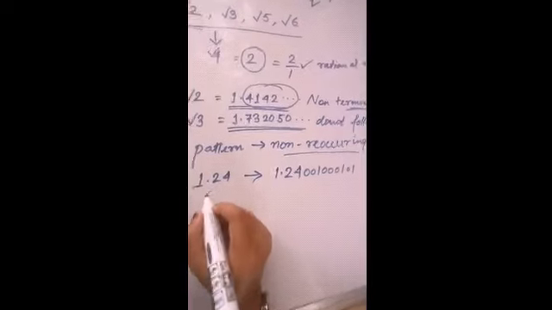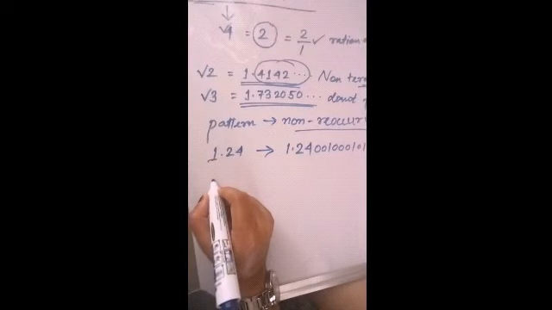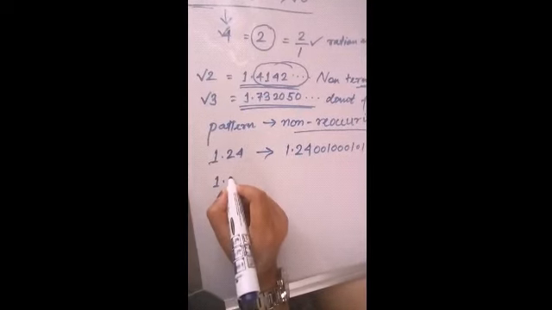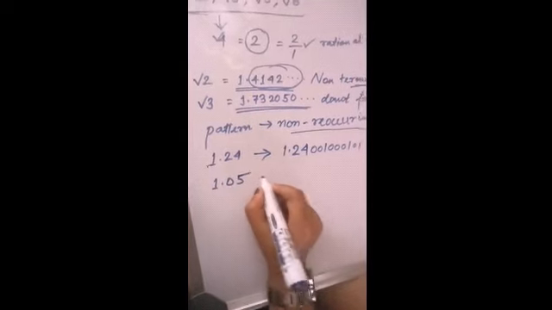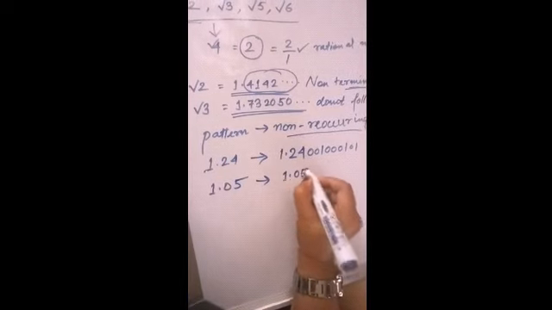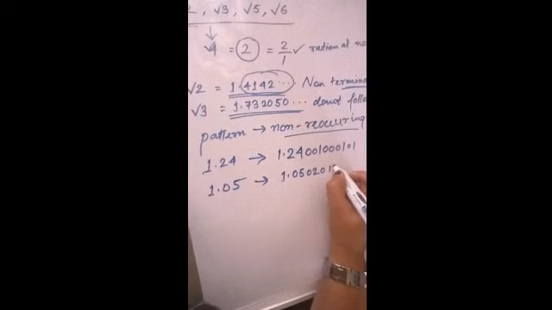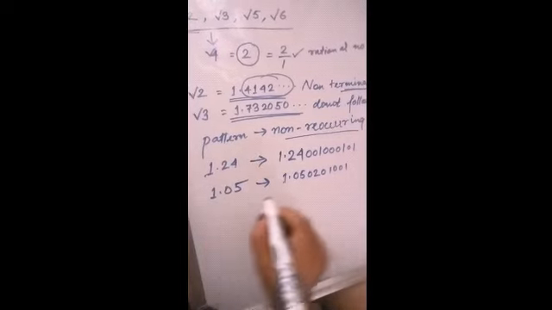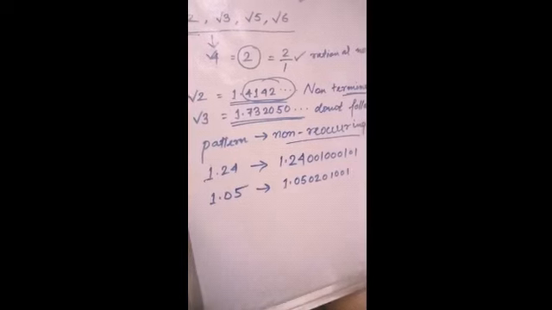Let me give you another number, like if I say to convert 1.05, now how will you do that? 1.05, 02, 001. In this way you can create innumerable irrational numbers.